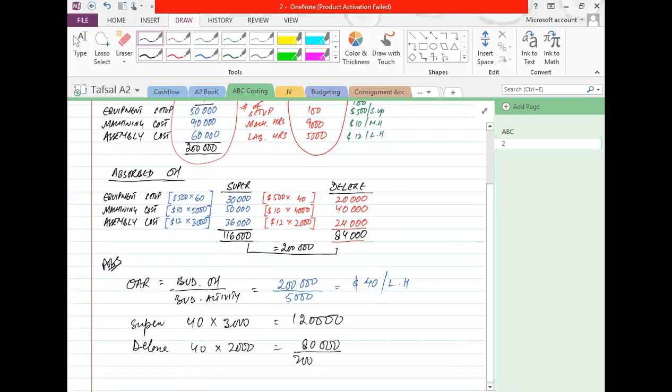Again, the sum is 200,000, right? But the approach is changed and the procedure is changed. ABC says it is the activity which consumes the cost. So we need to calculate activity-based OAR, not the overhead department-based OAR. This is the main difference.